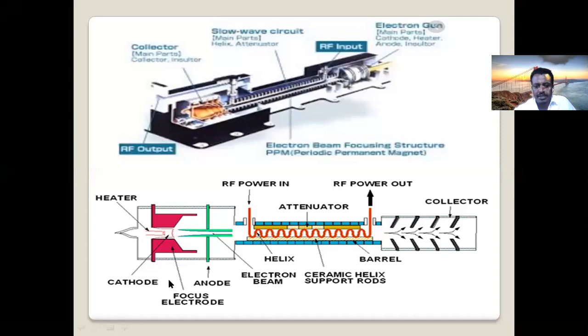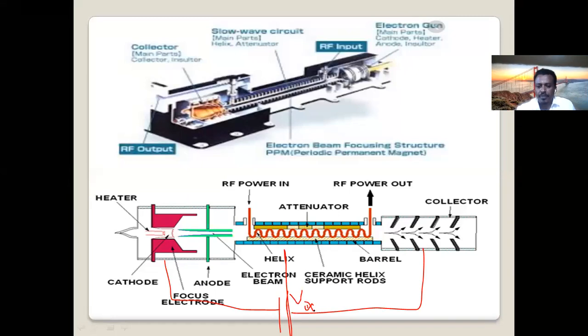We apply DC voltage on this electron gun. Here we apply DC voltage, negative, sorry, this is positive part, negative, and to the collector. So what type of voltage we apply? DC from our battery, DC energy. So here you see the weak RF input port I showed you in the video.